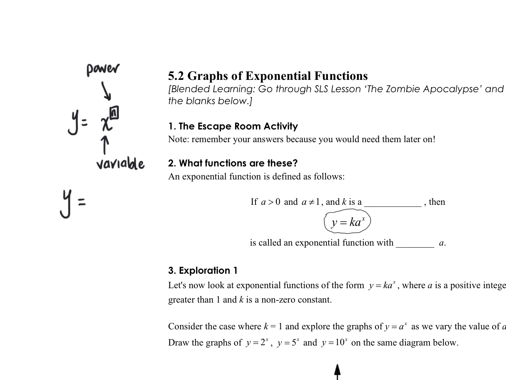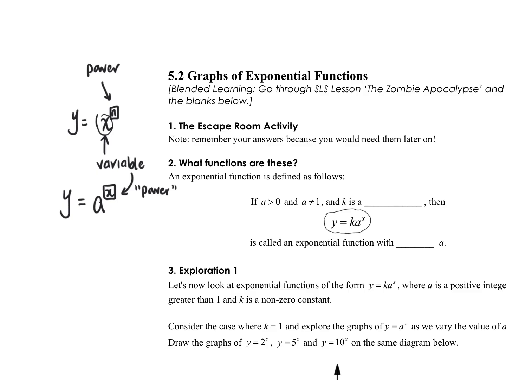In exponential, the power is the x, so the variable is in the power. Your x appears in the exponent. All the others you have learned have x as the base number. Just take note of the difference.